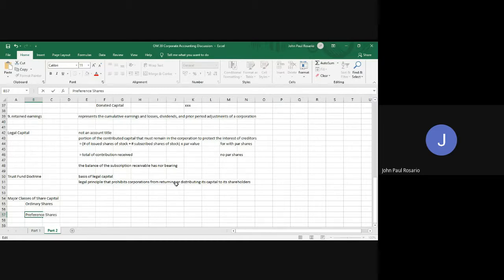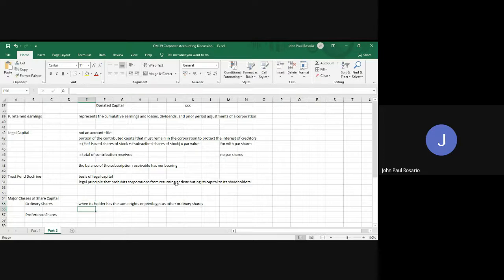So when is a share of stock called ordinary? Ordinary shares when its holder has the same rights or privileges as other ordinary shares.